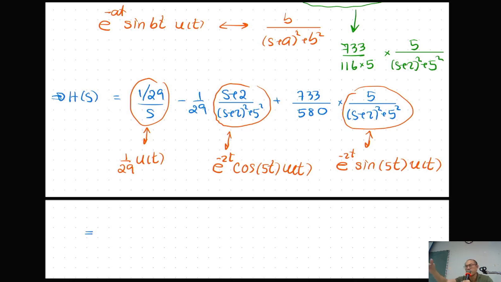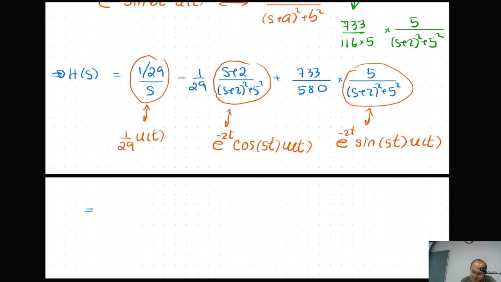It flows. You're trying to arrange the things into the form that you can look at the table. That's the bottom line. But you have to be able to manipulate the algebra to make it into the form that is in the table for you to look up.